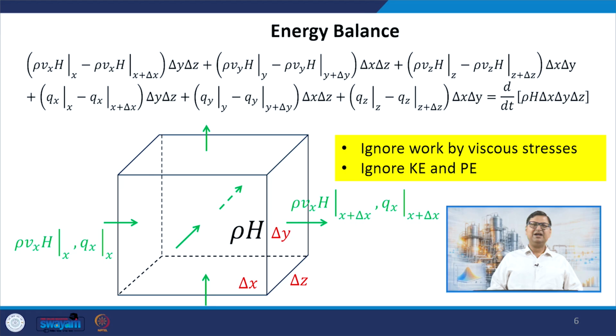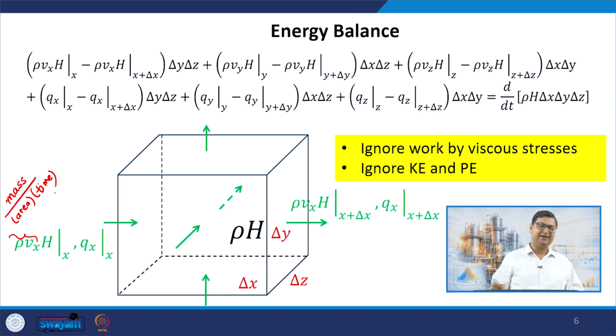But in addition to that, we can also have a net heat added to the system, that is Q, which I have used in energy balance of reactors. So we will have some net energy added, right? And I can express all of this in terms of fluxes. That's exactly what we are doing here. So rho Vx already was the mass flux, which was mass per unit area per unit time.